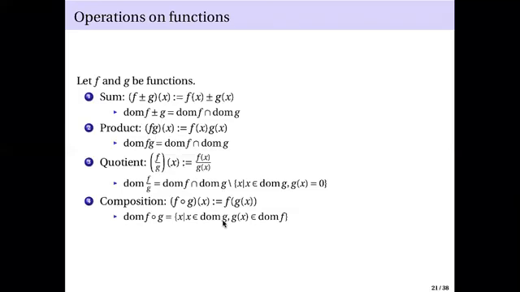Now you have to make sure that the g of x, the number you got after you evaluate your x in g, is inside the domain of f. So again, look at this. You get your x, you evaluate your x at g, so you will have your g of x.